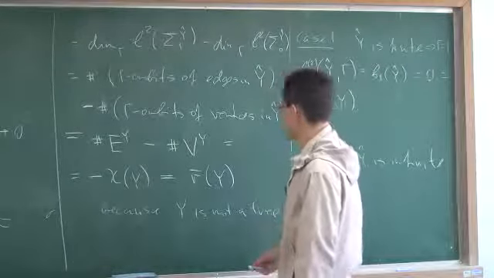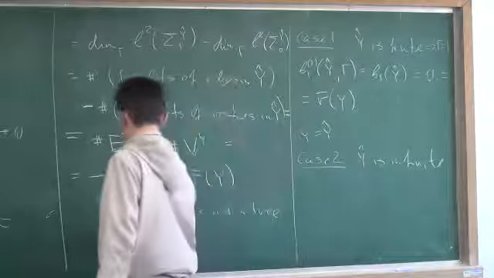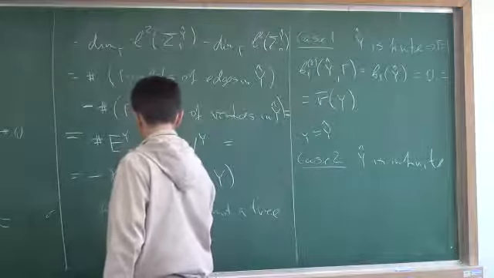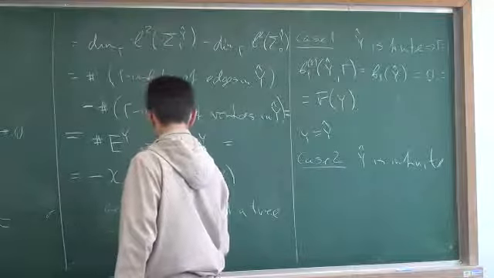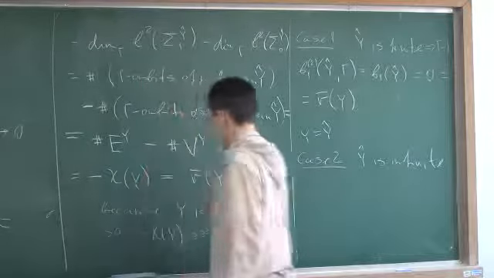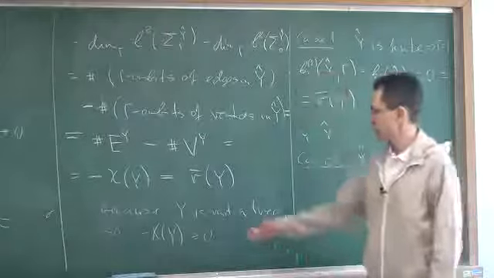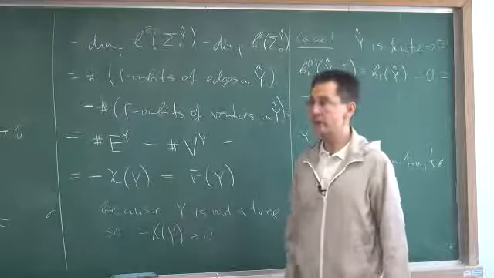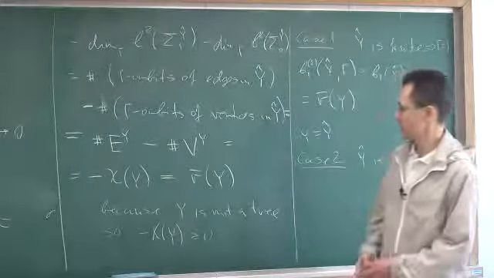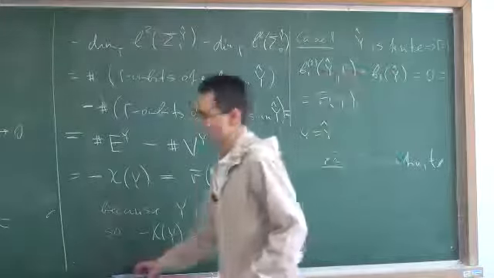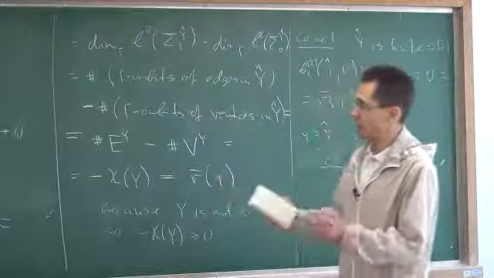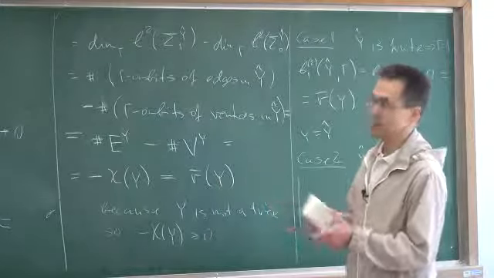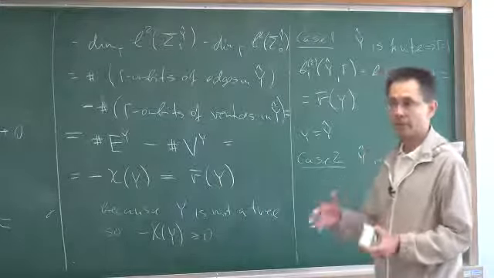So y is not a tree, so that means that the negative Euler characteristic of y is at least 0. Since it is at least 0, the negative Euler characteristic is the same as the reduced rank. That proves the statement, right? So it gives the analytic description of the first L2 beta number for finite graphs.